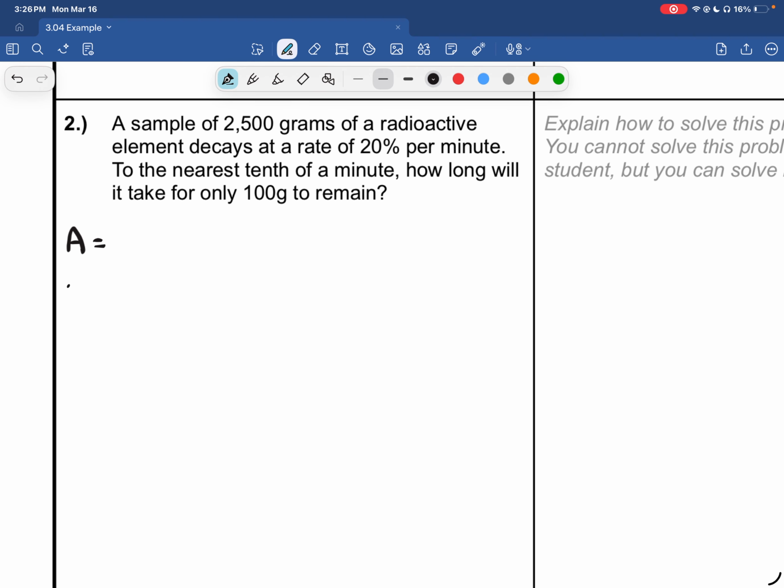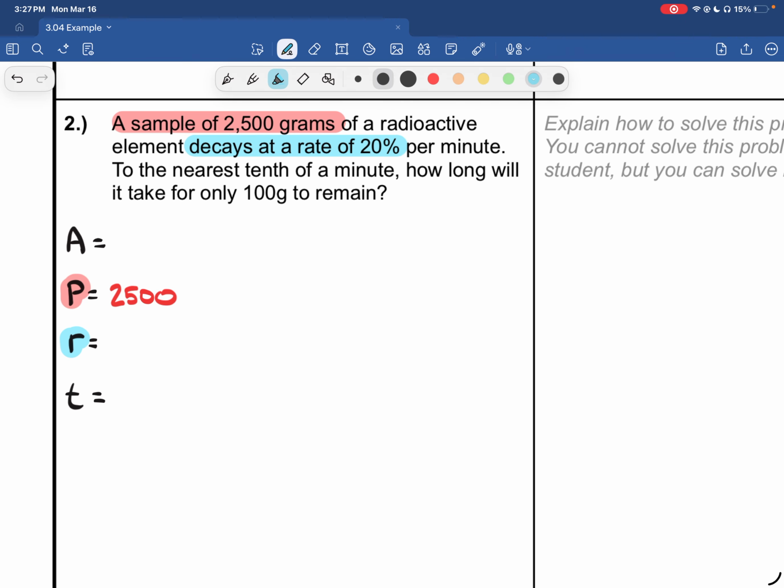Okay, I'm going to go ahead and write A equals, P equals, R equals, and T equals. So the sample was 2,500 grams. So that is your starting amount. And it decays at a rate of 20% per minute.